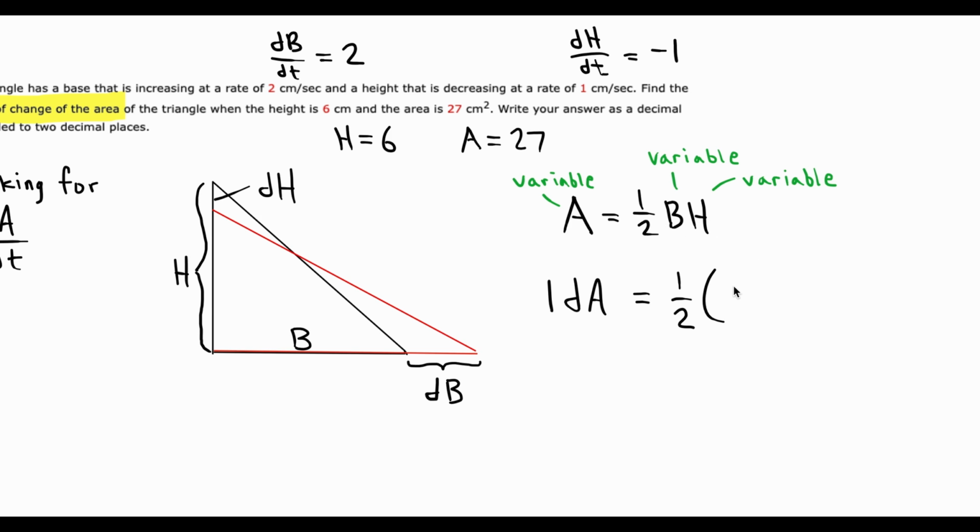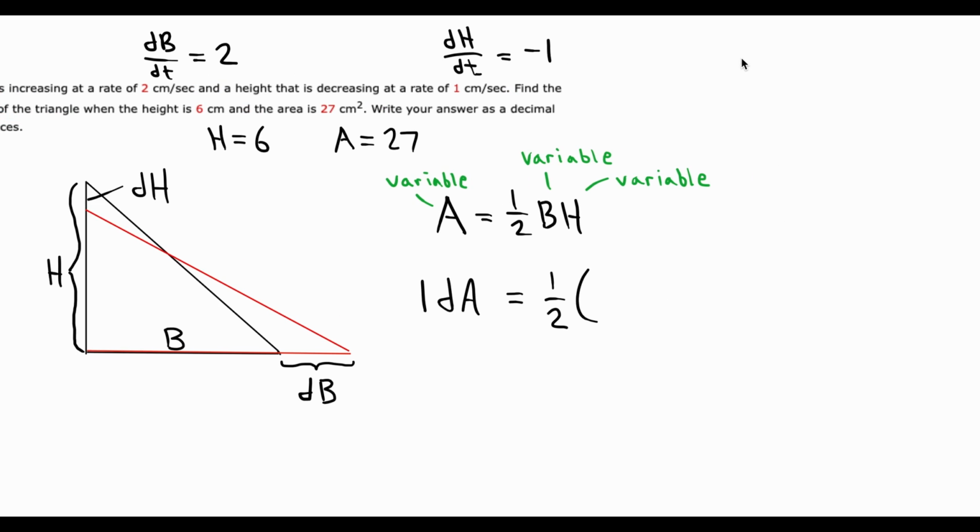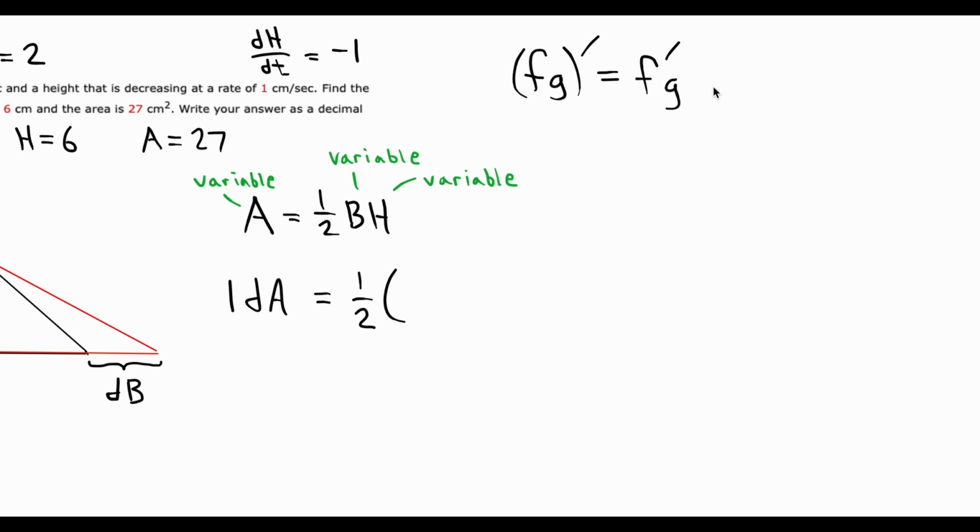So we should do product rule, which says that anytime we have two functions and we're finding a derivative, we do the derivative of the first function times the original of the second plus the derivative of the second times the original of the first. So I would make this then dB times h plus dH times b.